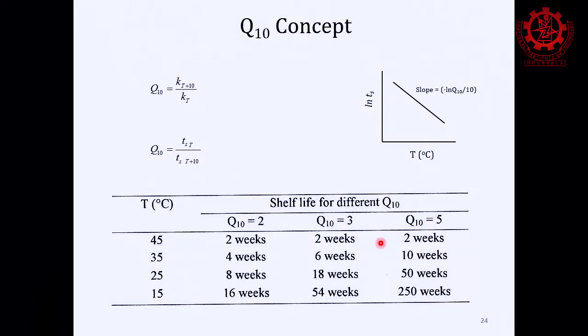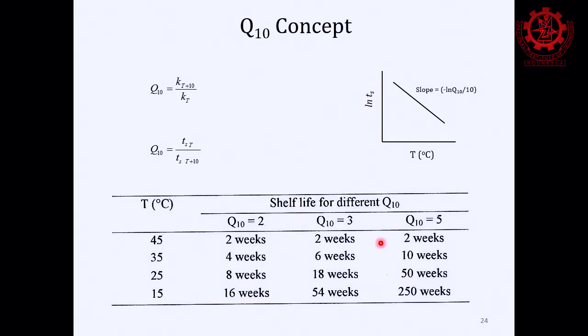So you do the experiment at, let's say, 15 degrees C, 25 degrees C, and 35 degrees C. From these three different sets of experiments, you can get the D value or the K value. But the D value, T half value or K value is different for the different temperatures. So this is the effect of temperature, and you can monitor that either using Q10 or the Arrhenius concept. So you would know the K value and Ea value, or you can find the Q10 value from K values, and then you can predict it back at any temperature.